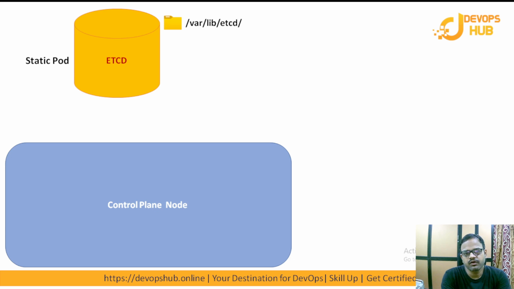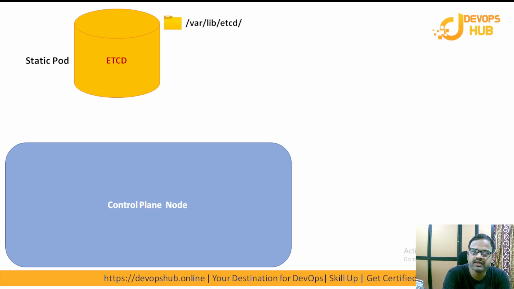This static pod has a container inside which etcd is running, and this etcd is storing the data. Whenever we create any Kubernetes resources, the kube API server stores them in etcd at a particular file path on the file system, like /var/lib/etcd.